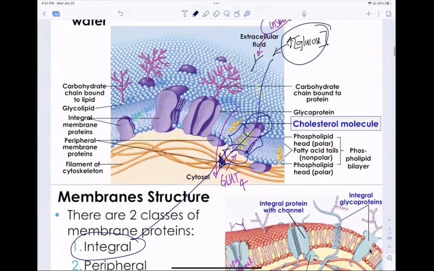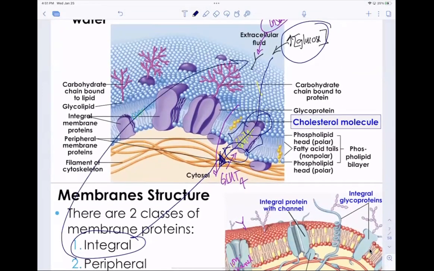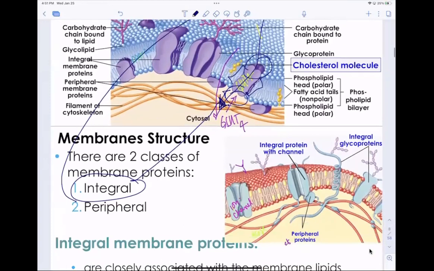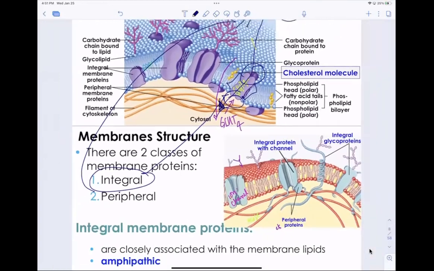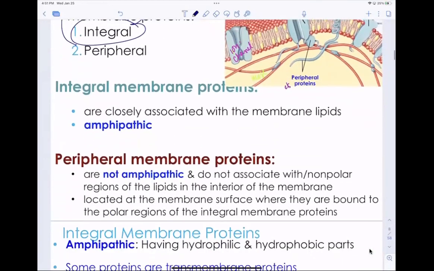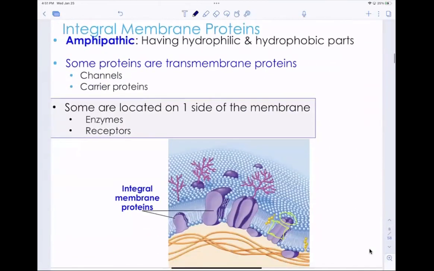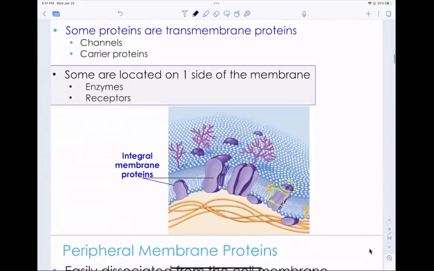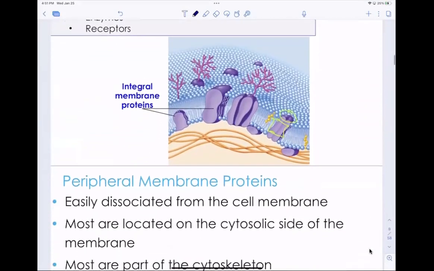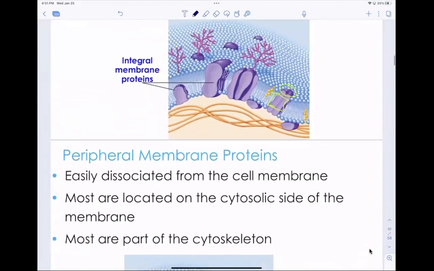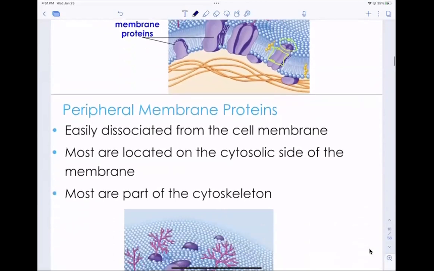Peripheral protein, an example of that would be the receptor on the outside or some kind of cytoskeleton. So go through integral proteins, peripheral proteins. Again, they're amphipathic. We talked about that. There's a polar side and nonpolar side. And it's giving you other examples. Enzymes, receptors can be on one side of the phospholipid bilayer or the other. That would be a peripheral protein.